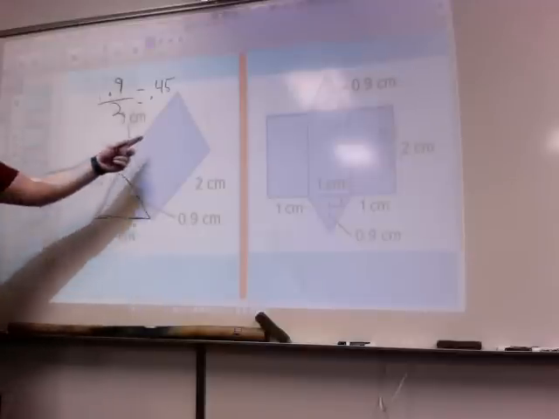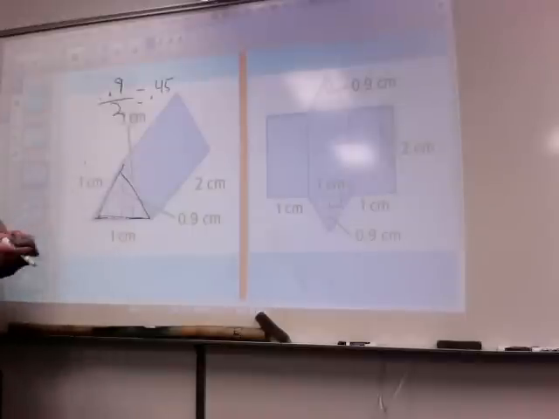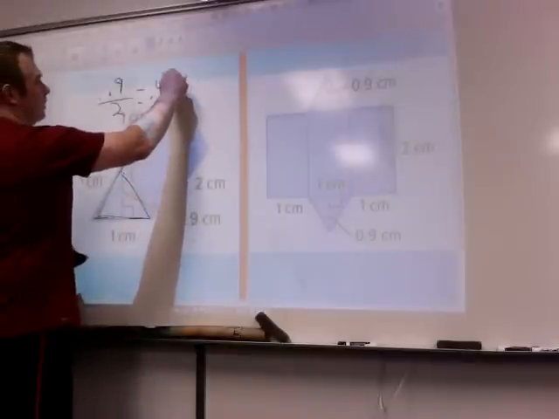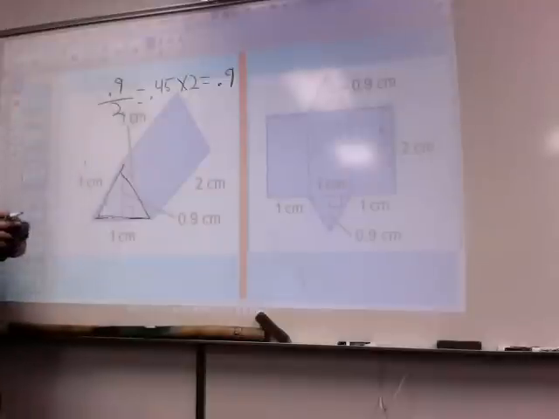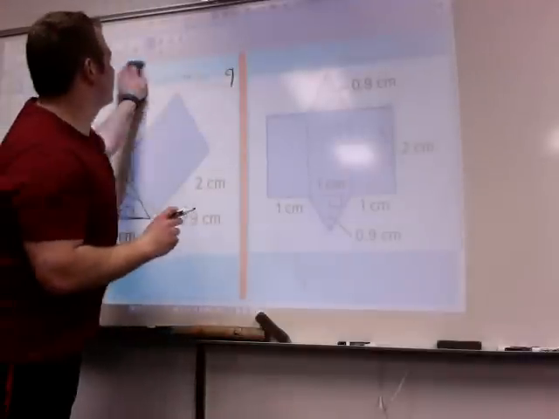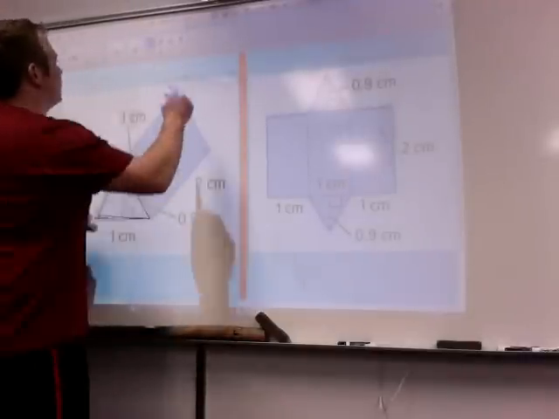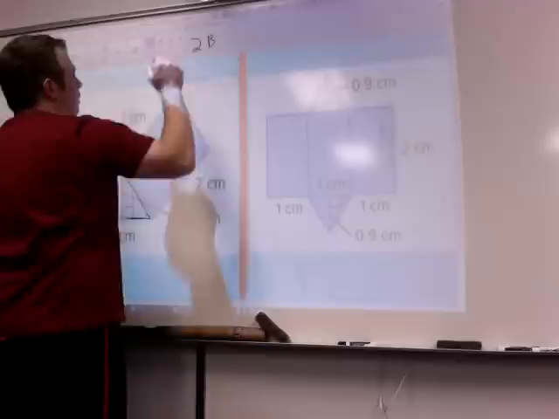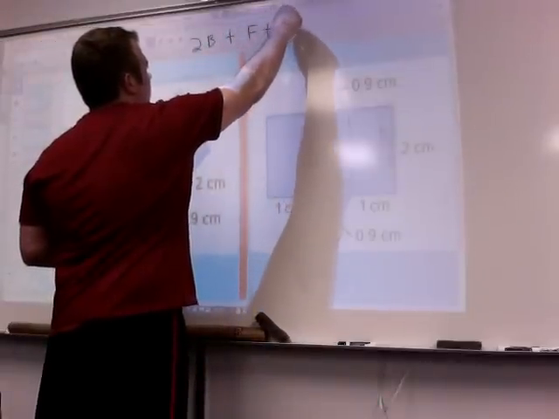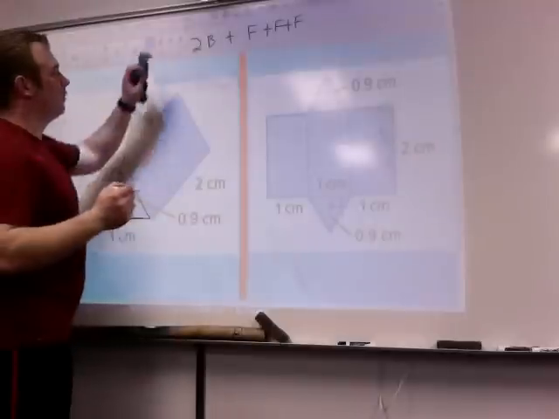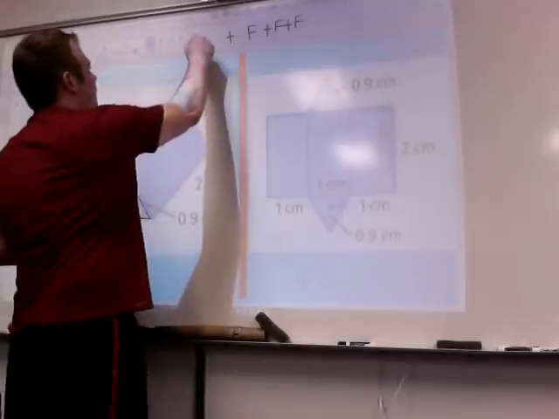But I have two of them, so it's 45 hundredths times 2, and I get back to 9/10. Remember, it's your two bases plus your three faces. My two bases so far equaled 9/10.